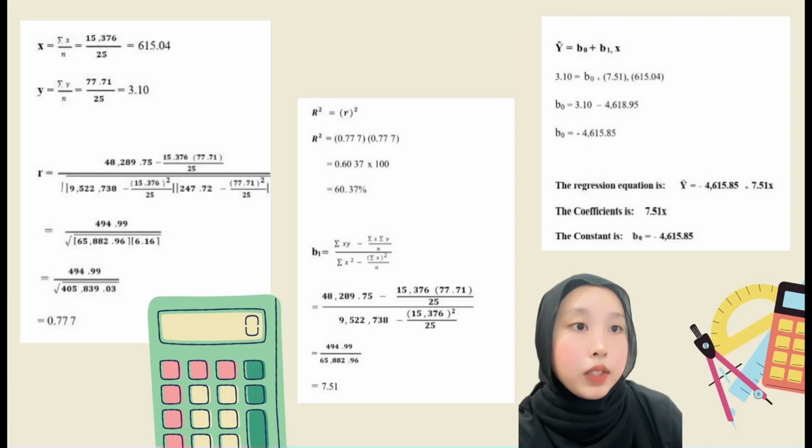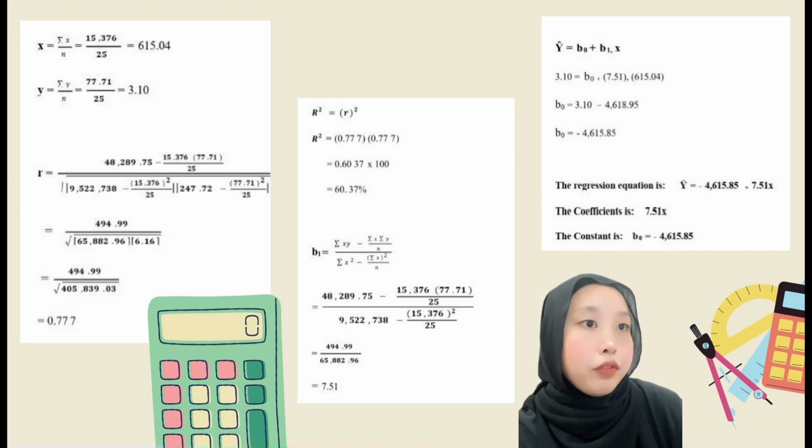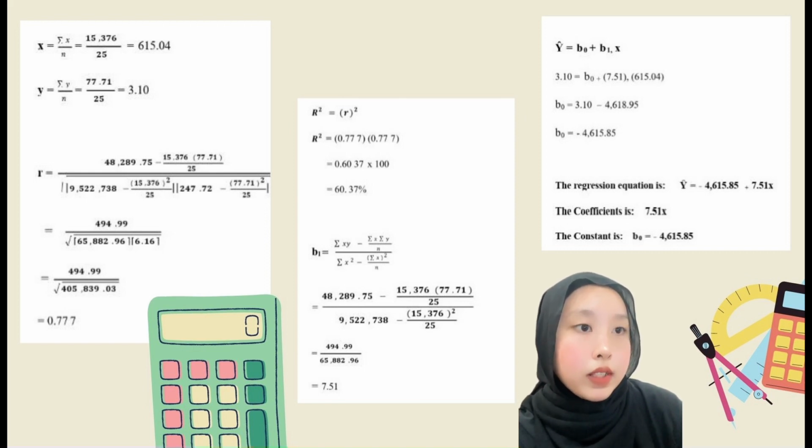The second step is you need to find X̄ and Ȳ, where X̄ is 615.04. How I get it? The total of X divided by 25, which is the number of data. For the third step, you need to find R. My R is 0.777. And for the fourth step is to find R2, which is 60.37%.